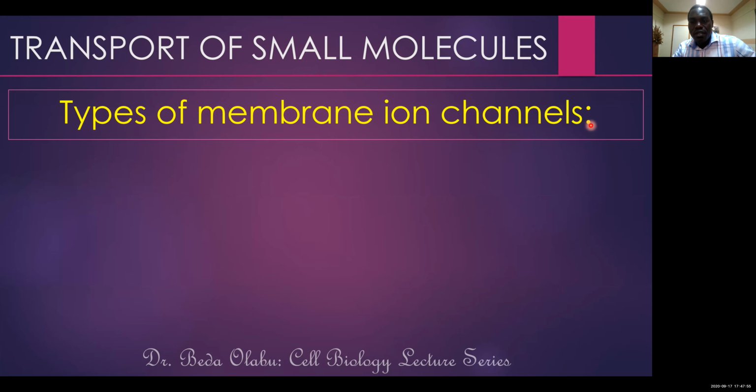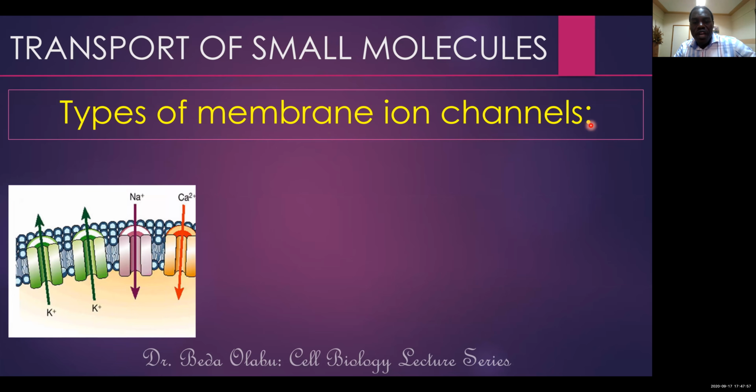There are three categories of ion channels on the cell. There are those ion channels which we call leaky channels. What is a leaky channel? A leaky channel is an ion channel that is always open.